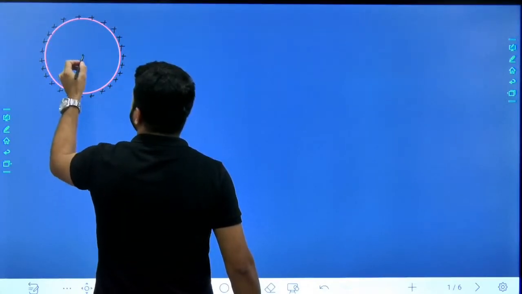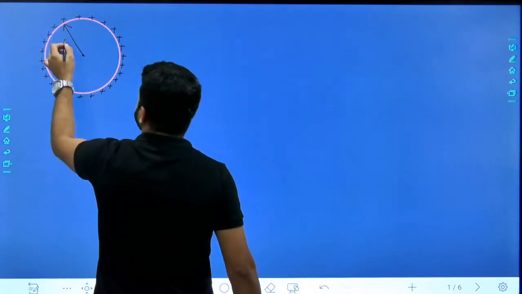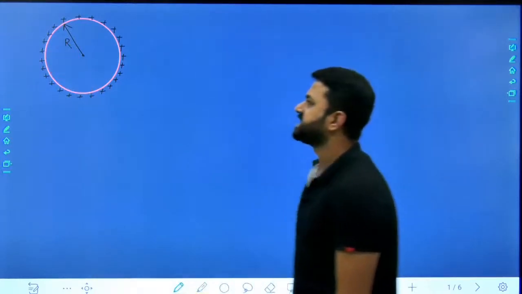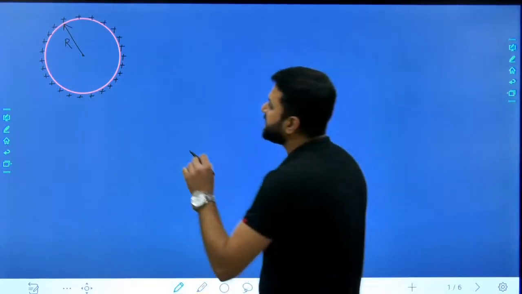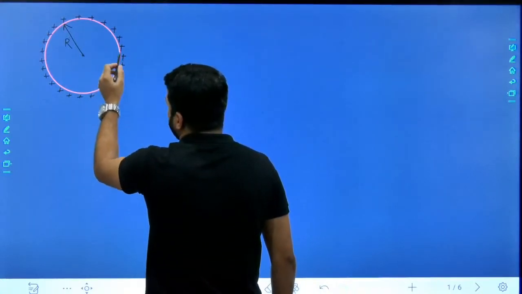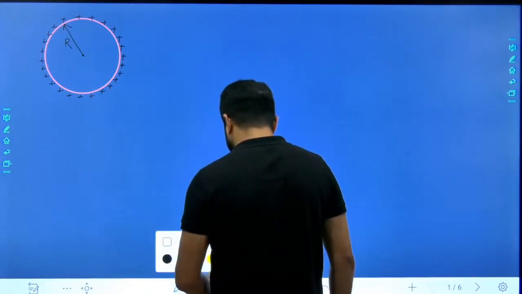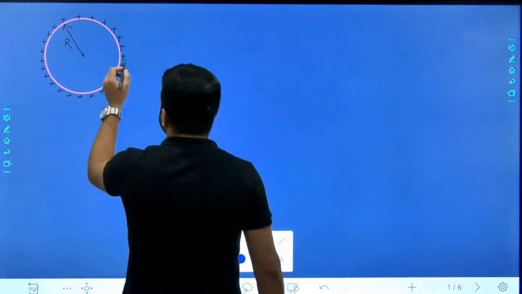This is the center and the radius of this sphere is r, as given in the question. Now we are making a hole here. Let us say the hole is somewhere here.